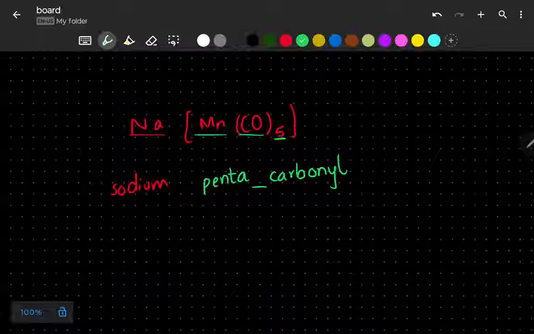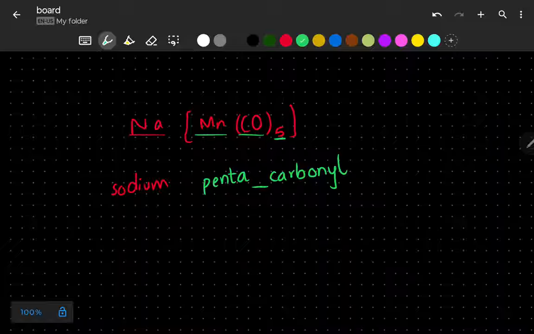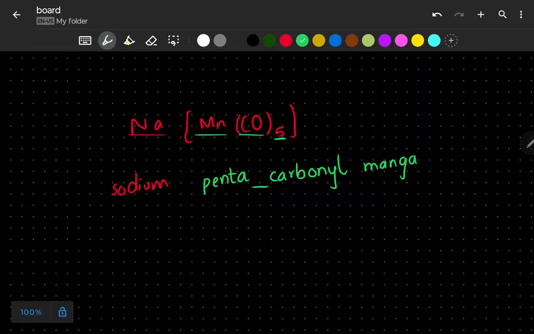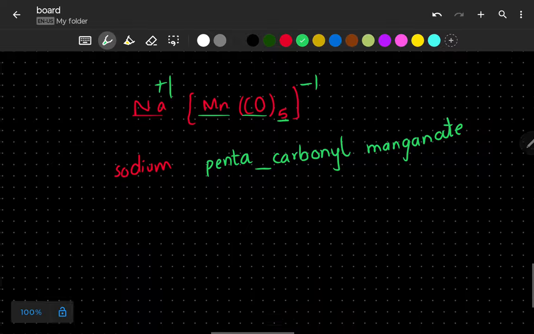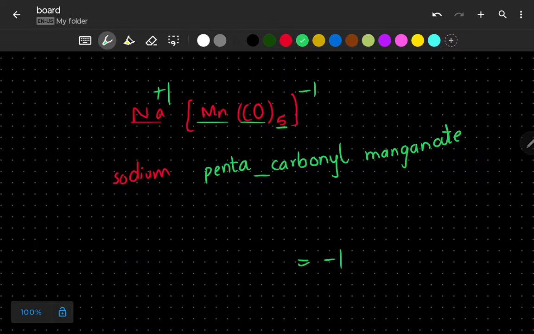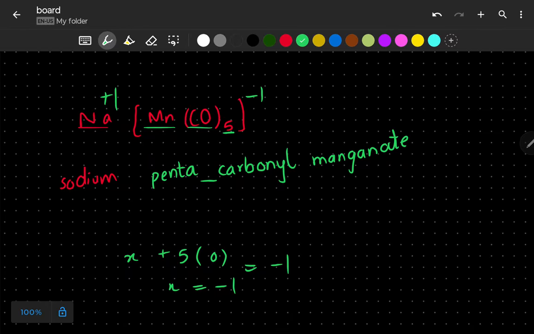You don't have to put a gap over here; I just put it for convenience. Pentacarbonyl manganate. Now calculate the oxidation state: for sodium +1 and this whole complex is -1. So put -1 over here. X plus 5 for carbonyl, whose oxidation state is 0. X is equal to -1. So just write 1 over here. Sodium pentacarbonylmanganate(-I).